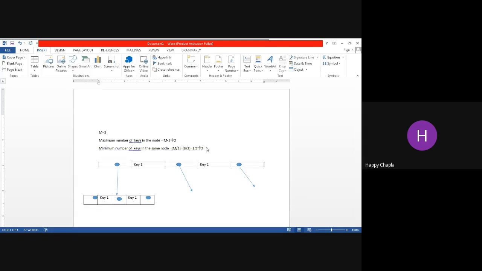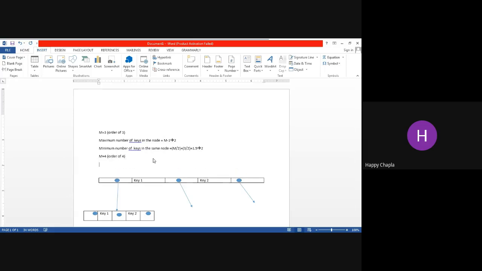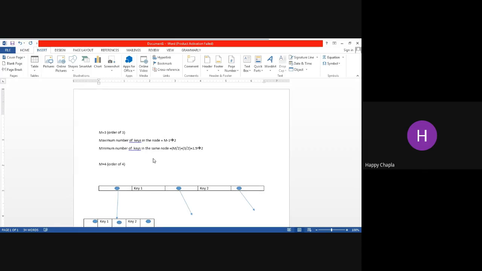Okay. But if m equals to 4, order of 4. So in this case, this is case number 2. So maximum keys, what is the answer? Maximum in order 4. Now no one can write the number, enrollment number, right? Attendance is already taken.